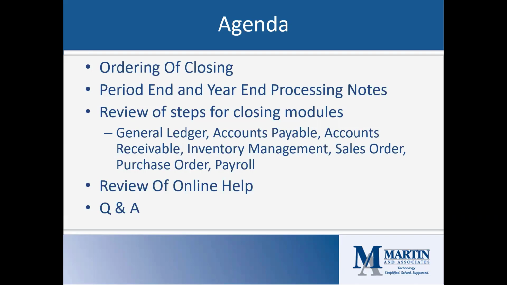We're going to get into more detail about what it means to close the period and close the year for each of those modules, some things that you should do, and things you want to look out for. We'll talk about some of the online help and how you can get help out there. And then, like I mentioned, we'll close with a Q&A session.